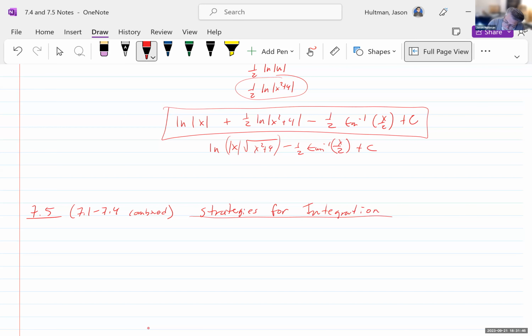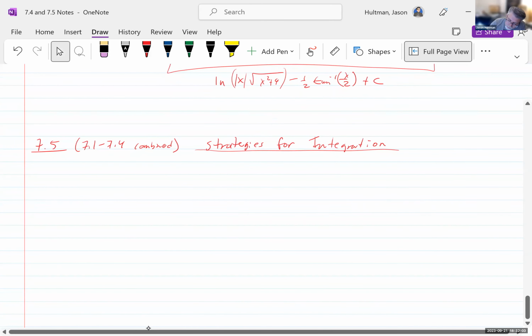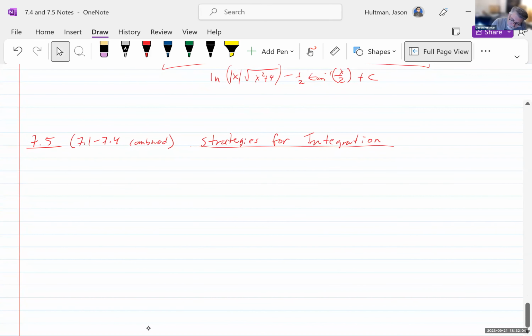Okay, so basically we see an integral problem. How are we going to approach it? How are we going to tackle these really complicated integration problems? Okay, and we have some helps for you. Okay, strategies for integration.